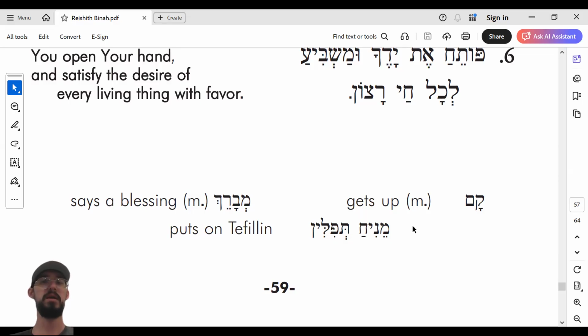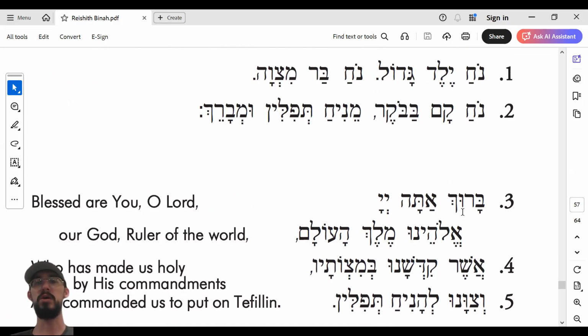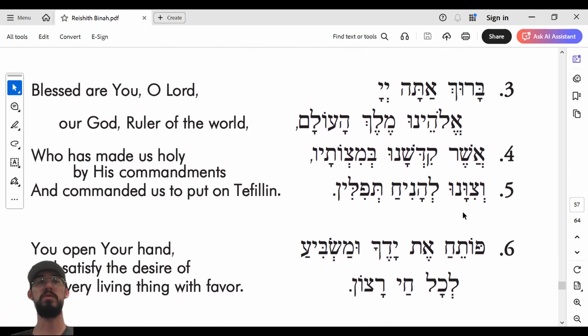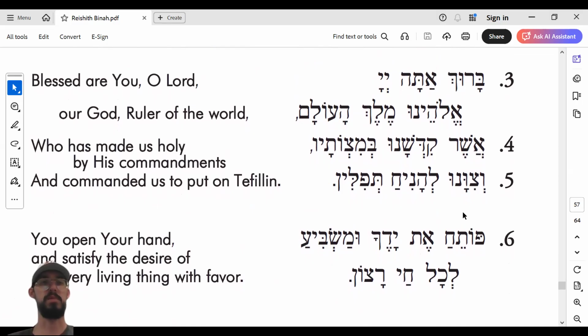Okay. Meniach tefillin, it puts on tefillin, or places the tefillin. And just a little trivia, I don't know how much is important or not, but there are actually two separate blessings for the tefillin. One is v'tzivanu la'aniach tefillin.